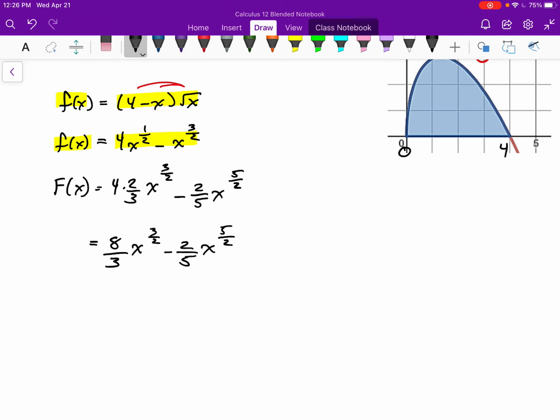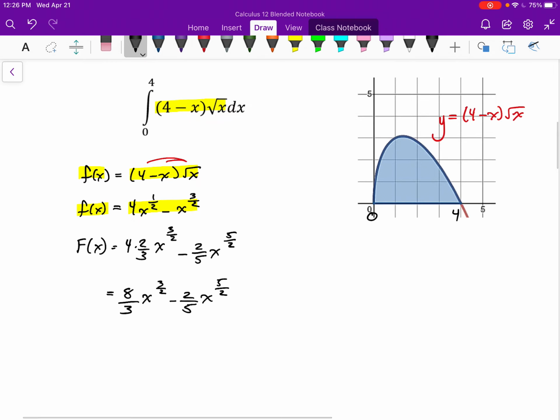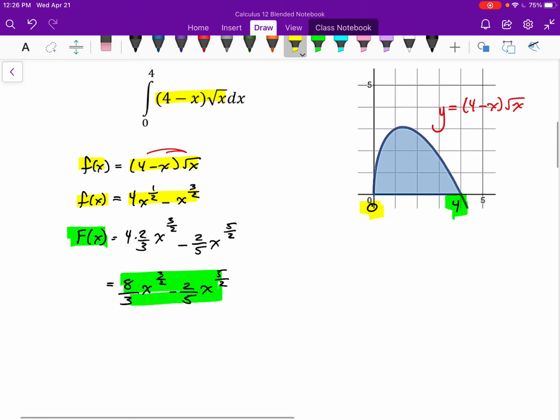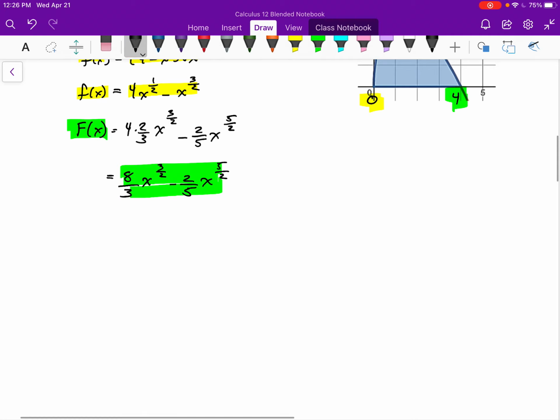And so with that being my antiderivative, if I want to find the area of the shaded region, I just need to find the value of this antiderivative at 4, and from that minus the value of that same antiderivative at 0. And for this case, I'll write it formally like this.